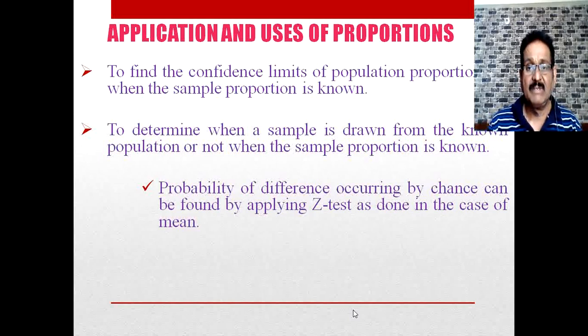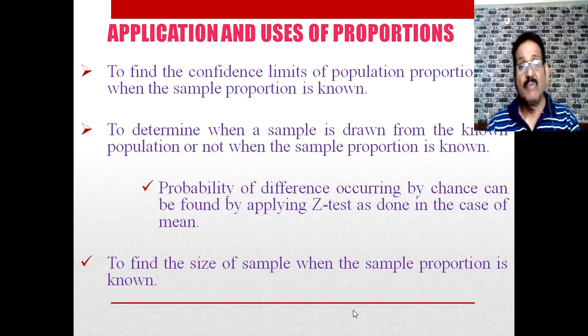The probability of a difference occurring by chance, or there being an external factor working there, we can find out using the Z test, as we did in the case of mean. Previously we saw this when we identified the standard error of mean and difference between two means. Then, to find the size of sample when the sample proportion is known.